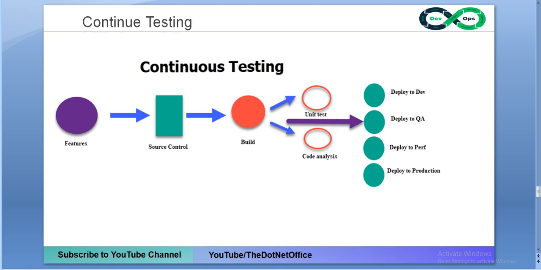So automation testing saves a lot of time, effort, and labor of executing the tests instead of doing this manually. Suppose, using this Jenkins server, one developer is working on one feature and commits the code into source control, and those changes go into the build.